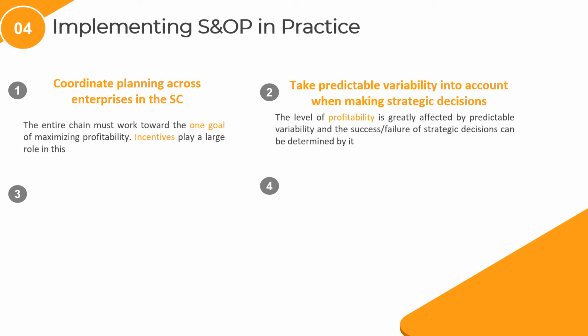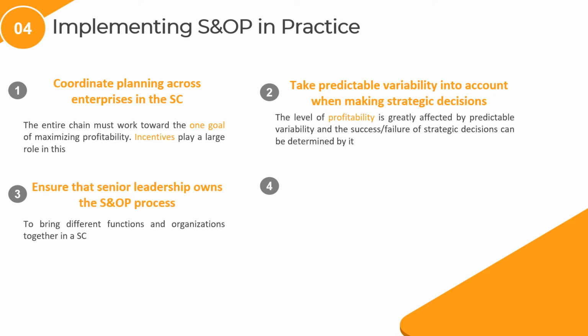And then the third one is to ensure that senior leadership owns the SNOP process. It is to bring different functions and organizations together in a supply chain. So the SNOP process owner is like the conductor of an orchestra.